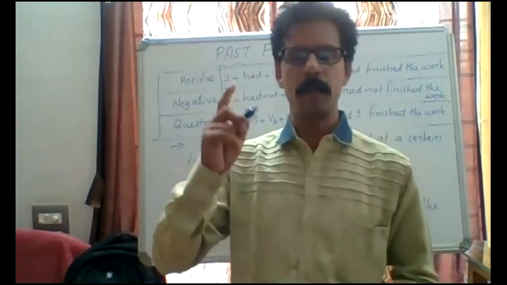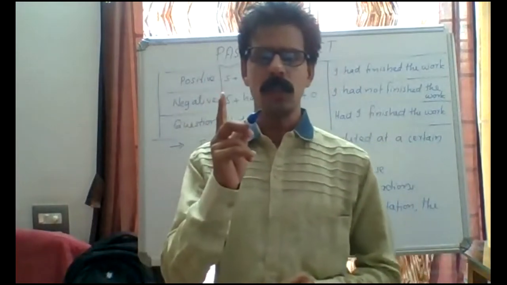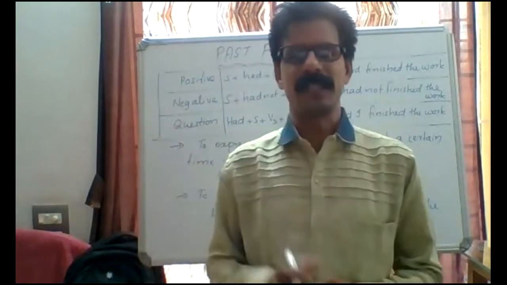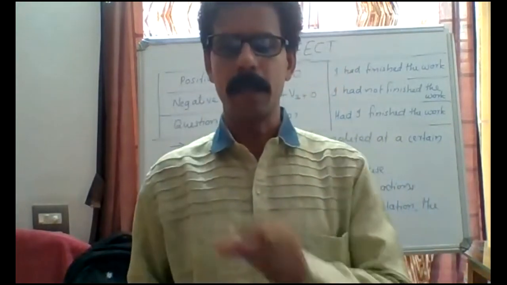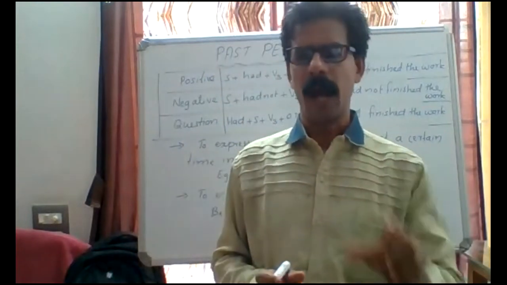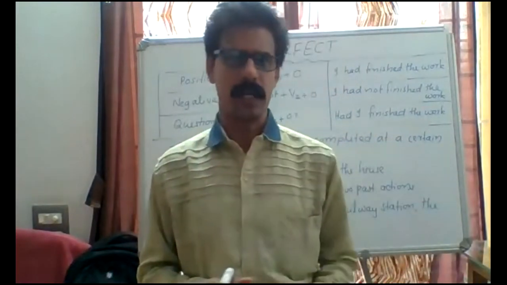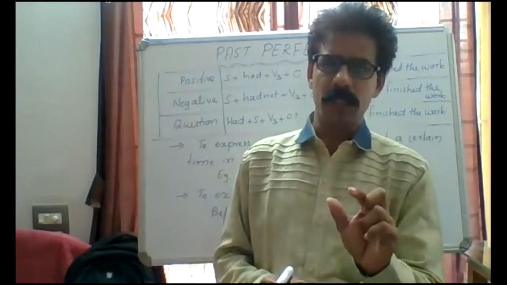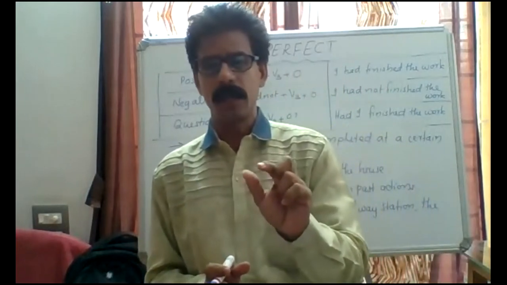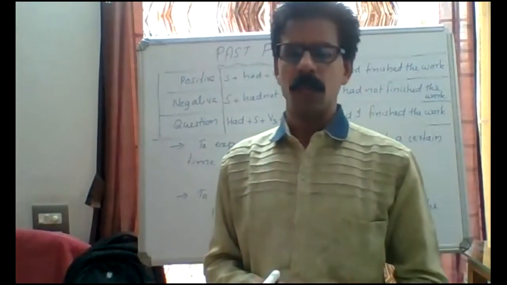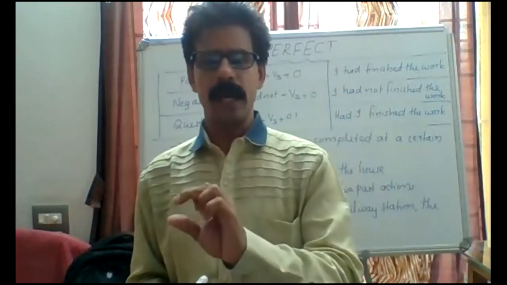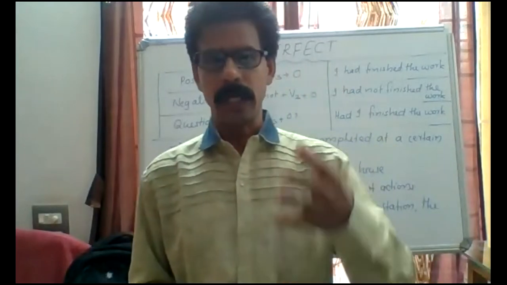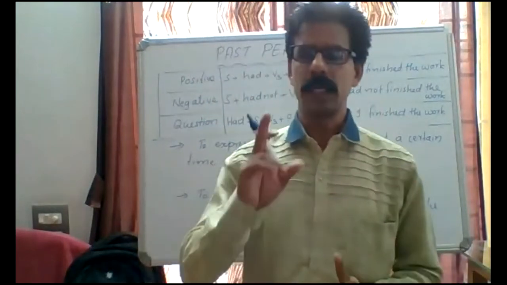If I give the numbers 1, 2, 3, first what action did I complete? What is the work I completed first? First I completed the work: I packed my luggage. Next, the work I completed was I took a bath. The final, last action I did was I left for the airport.